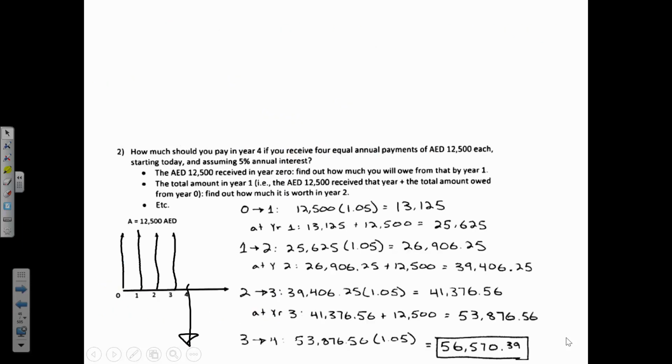Okay, so during the in-class exercise that we had, we did kind of a weird procedure on Tuesday. Where what we had was an annual series, and we were trying to find out what was the future equivalent of that annual series. And I encourage you to think about it in terms of moving the arrows.